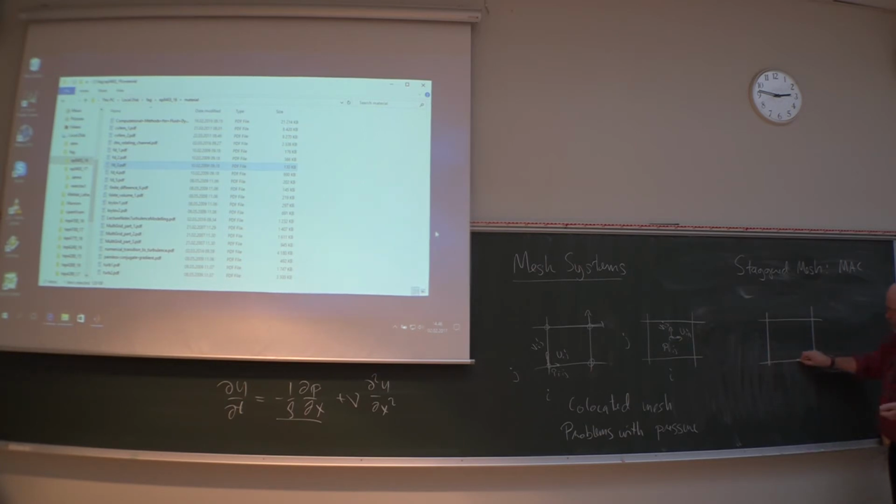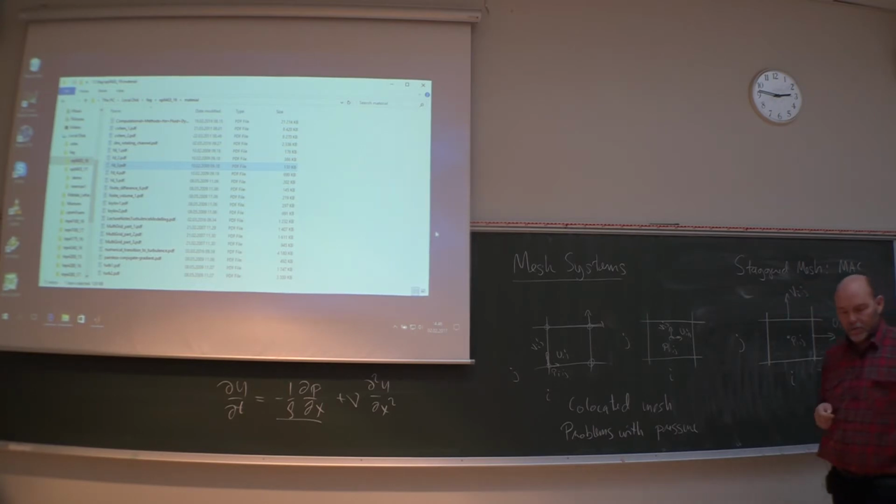They chose for cell IJ to put the pressure in the center, P_ij, but the velocity on the midpoint of the cell surfaces. So here you have U_ij and here V_ij.